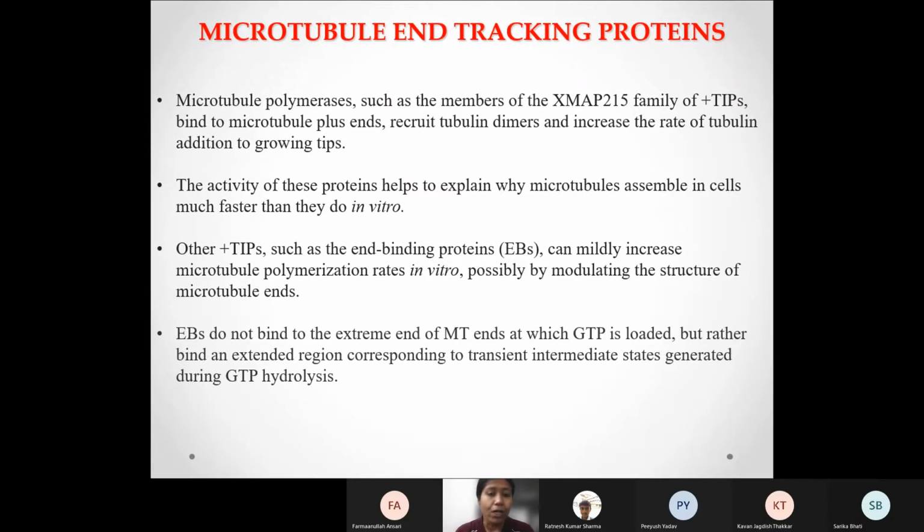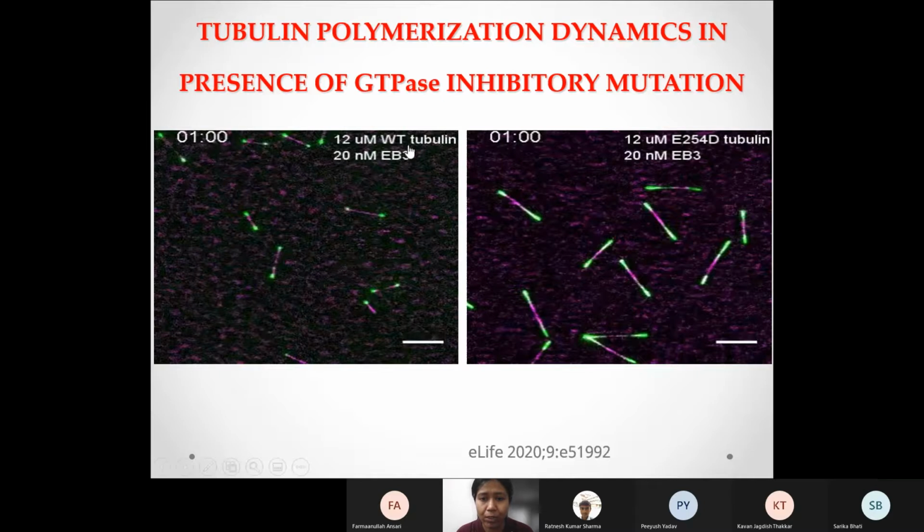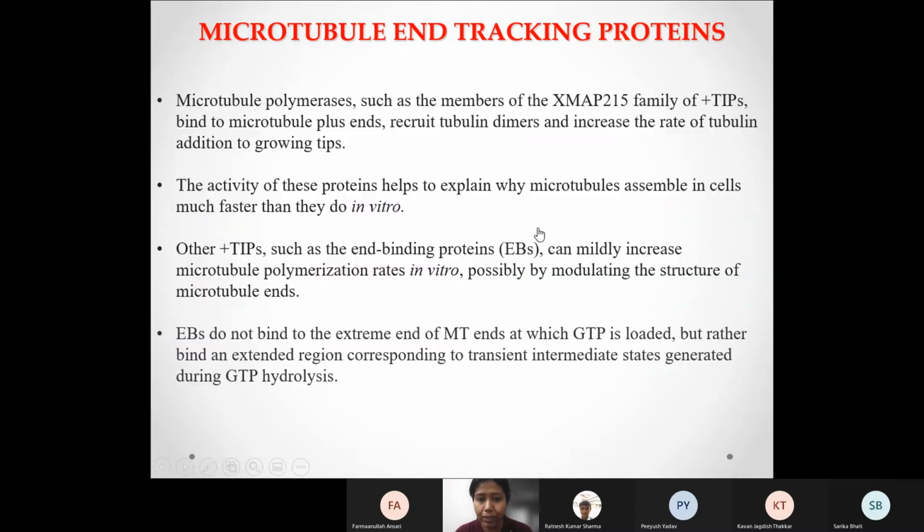And then they leave. You have other proteins, these end binding proteins, that seem to behave differently in different conditions. I'm not going to go into great detail about it. But what is seen is that rather than binding absolutely at the tip, they bind a little behind. So how do we look at these end binding proteins that were shown here in green?